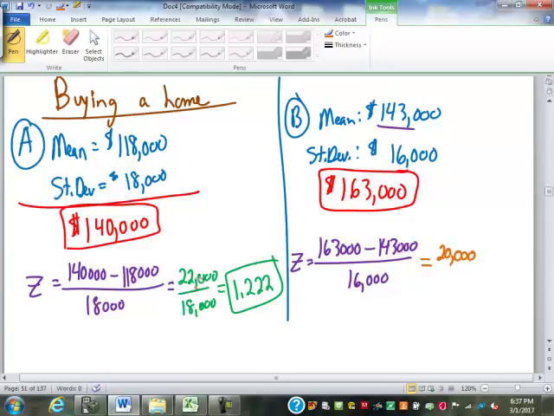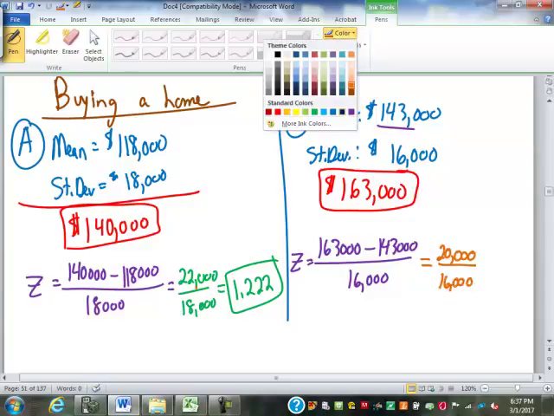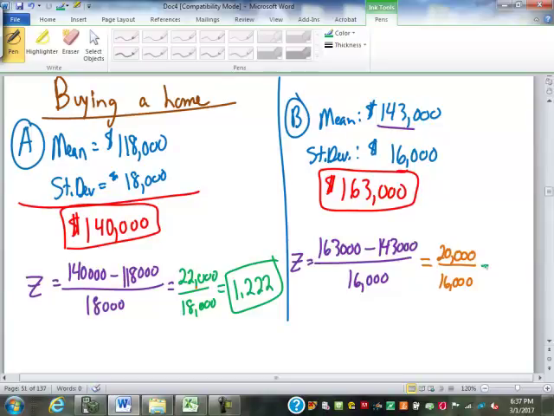This one was $22,000 more than the mean. But the standard deviation is only 16,000. We divide that out. 20,000 divided by 16,000 is 1.25. This house here is 1.25 standard deviations above the mean. This one's 1.222. This one's more expensive compared to the other houses in its area. This one is not quite as expensive.